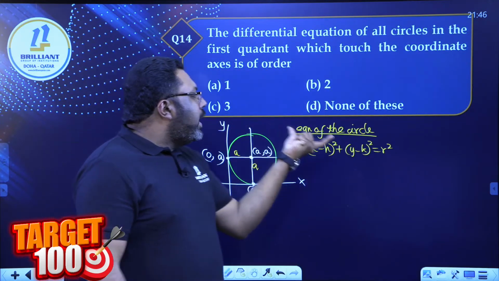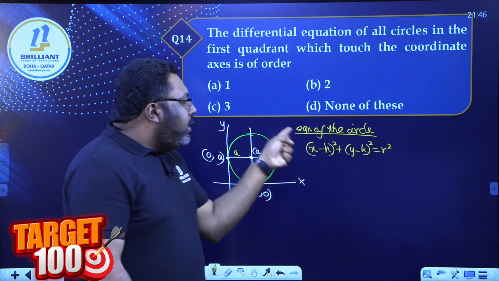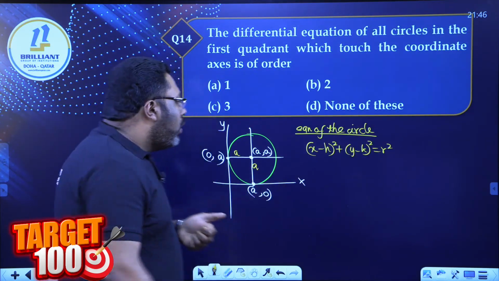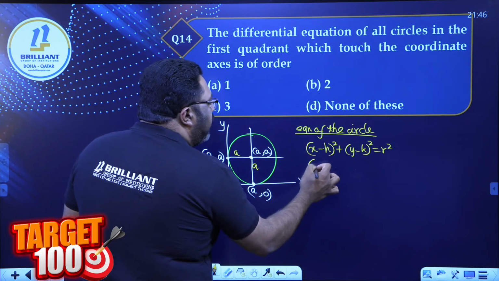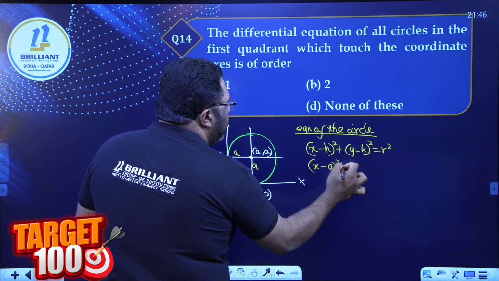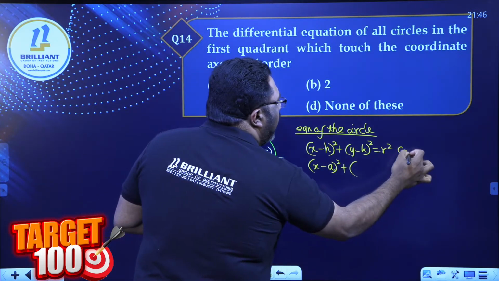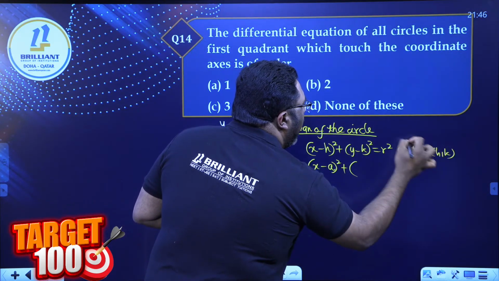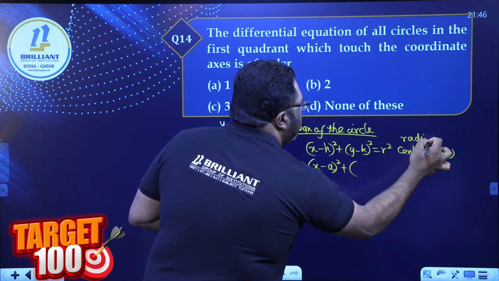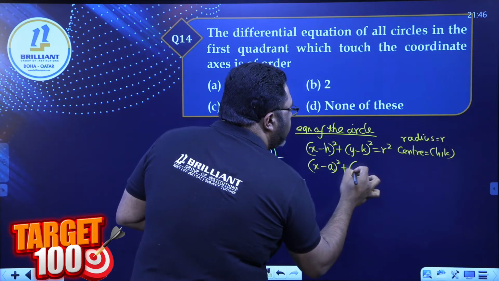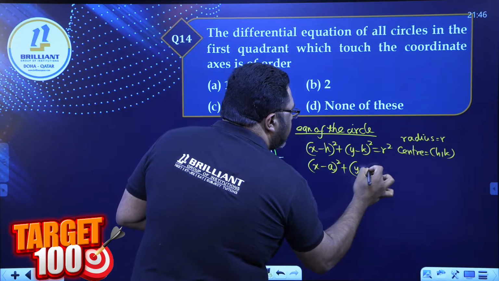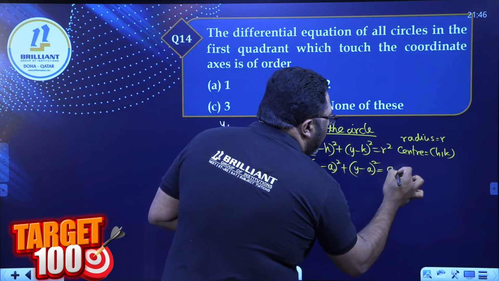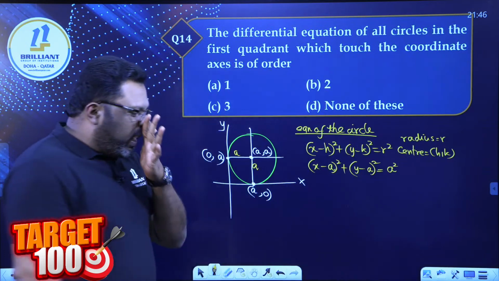Do you see that to write the equation of a circle, I need 3 constants, h, k and r. What are the coordinates of the center? H and k, center h and k and radius r. And the equation is x minus a squared plus y minus a squared equal to a squared.